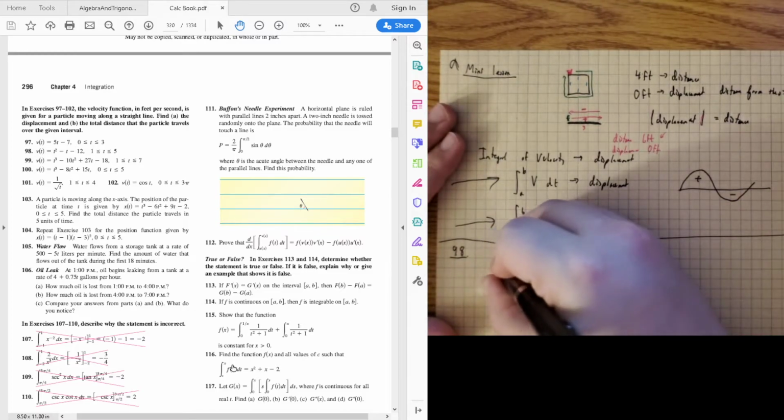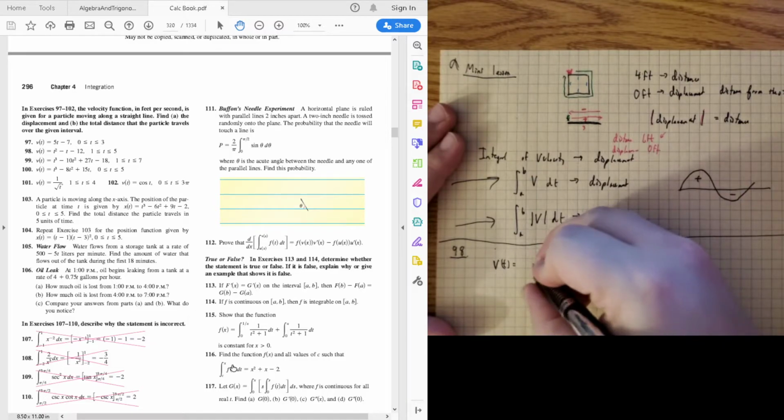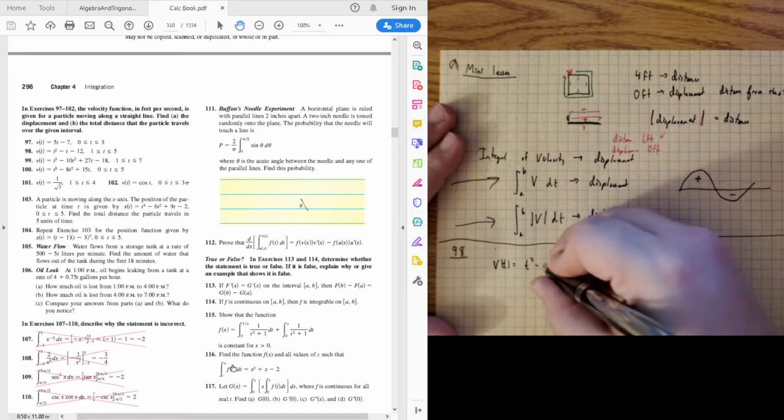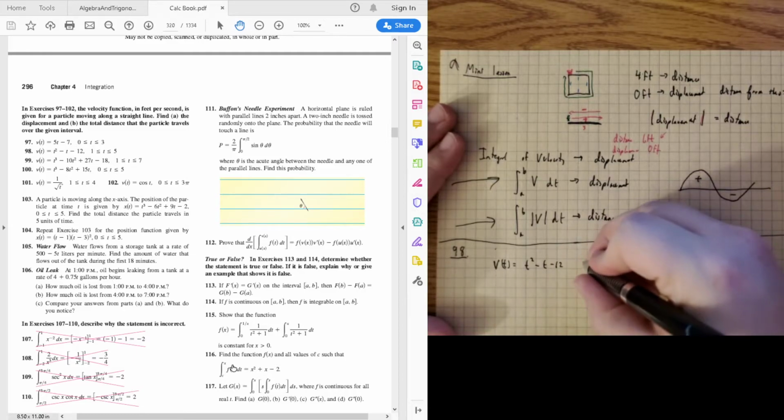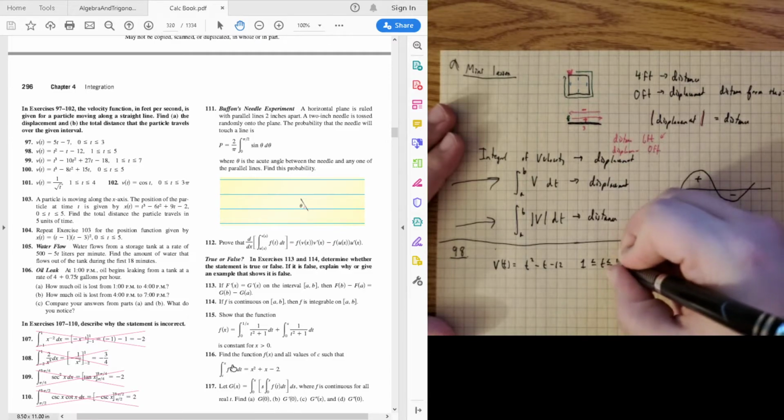It tells me v of t is equal to t squared minus t minus 12, and the time we're looking at is from 1 to 5.